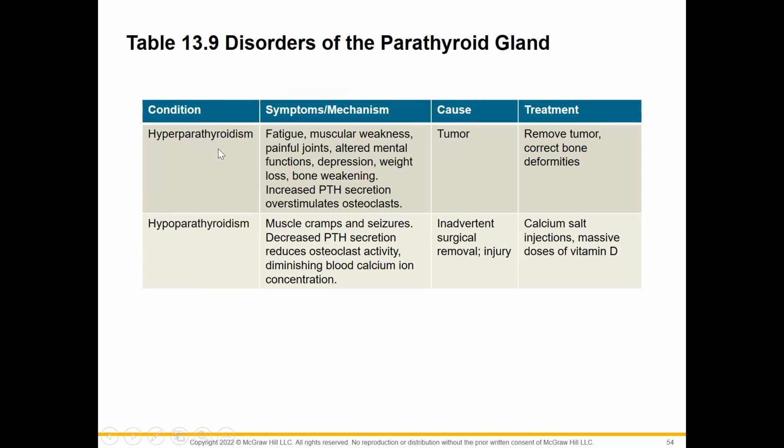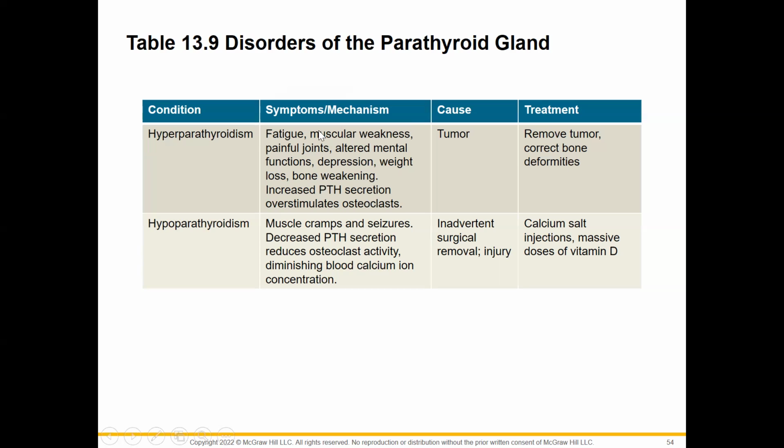If you have too much parathyroid hormone being produced, the person with this excess production can experience fatigue, muscle weakness, painful joints, altered mental function, etc. Increased parathyroid secretion causes overstimulation of the osteoclasts, which can then lead to bone deformities.